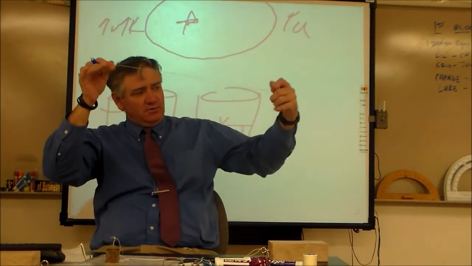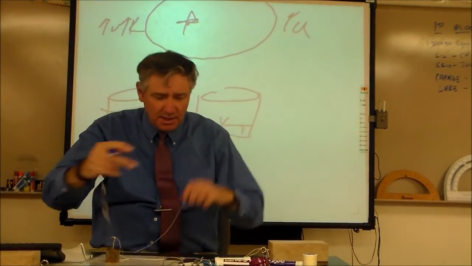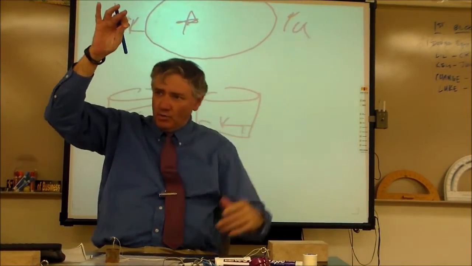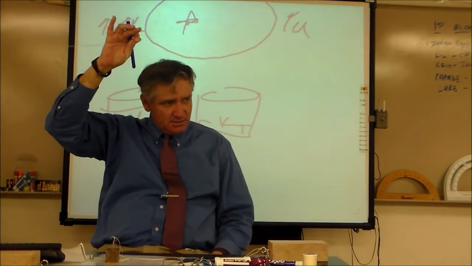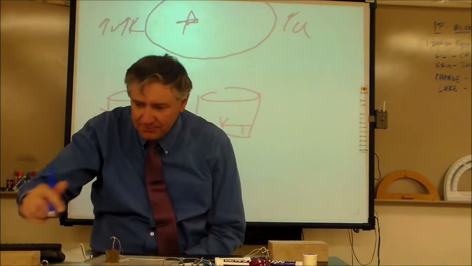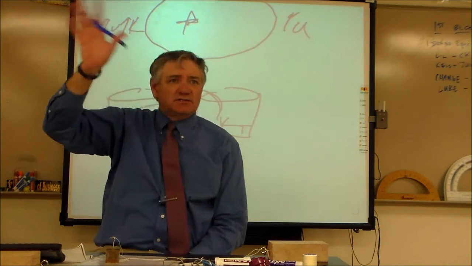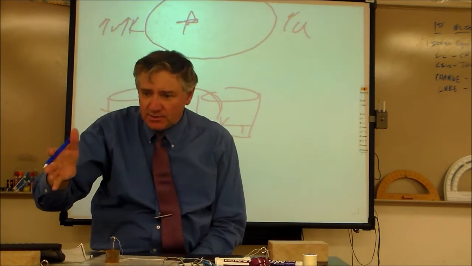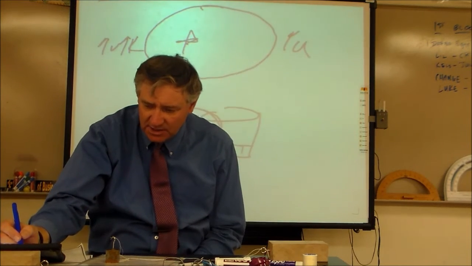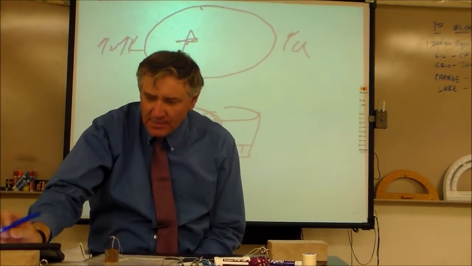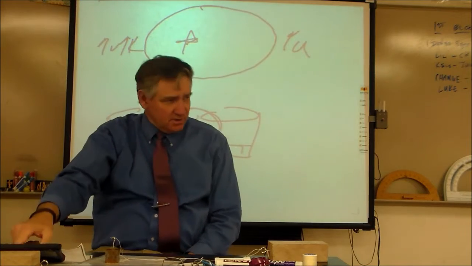So if I pull this up, I store UG, but as soon as I let go of it, what happens to that potential energy? It changes into kinetic. So imagine that there's a siphon that allows this energy to move from one container to the other. As this energy level goes down, that kinetic energy level goes up.